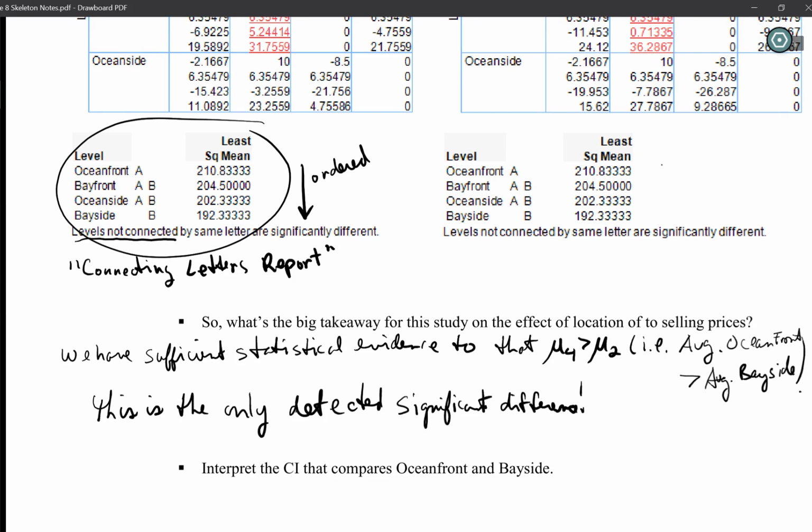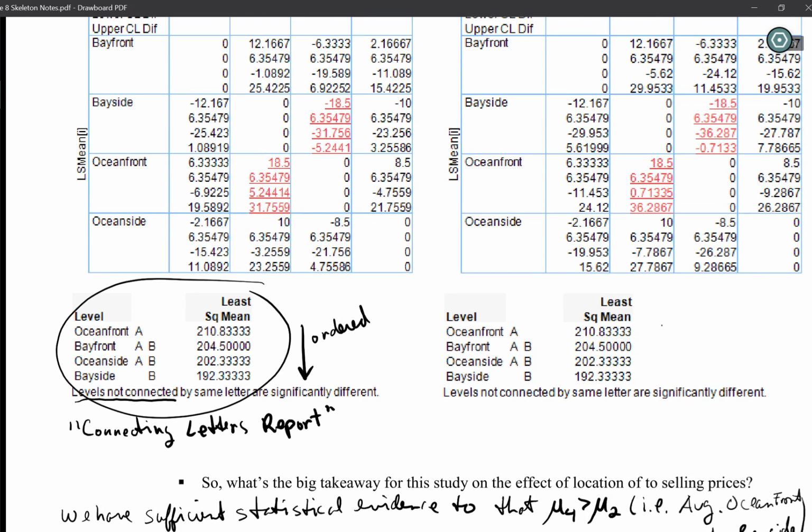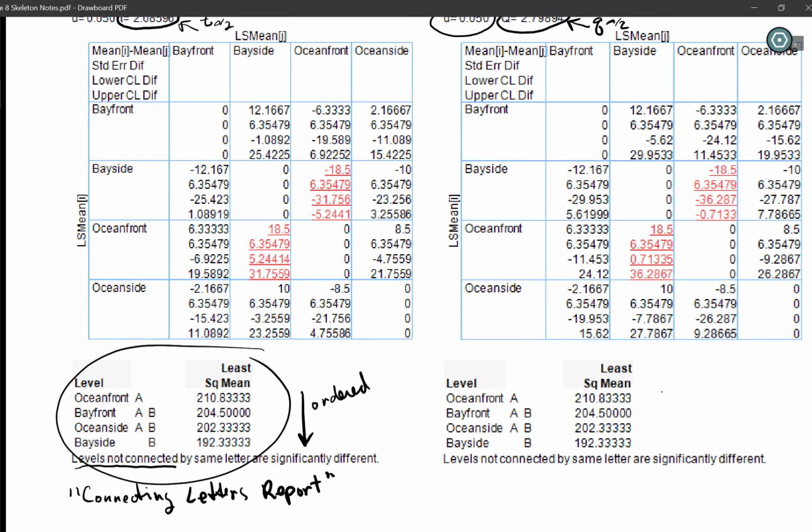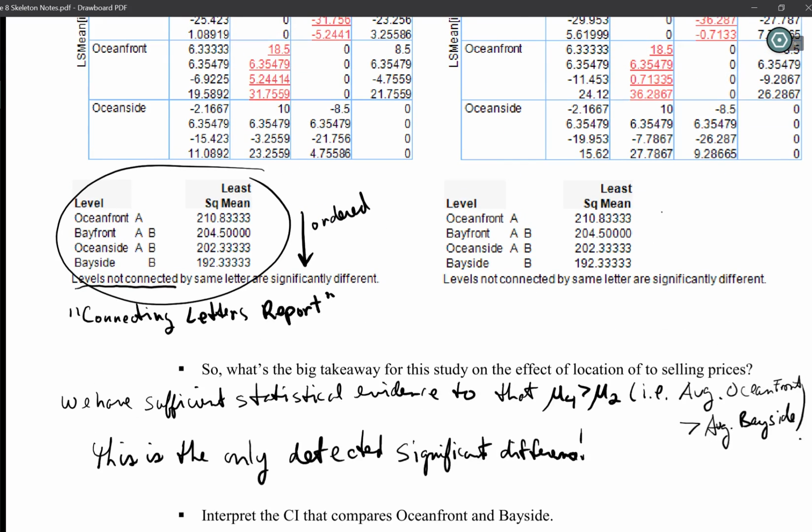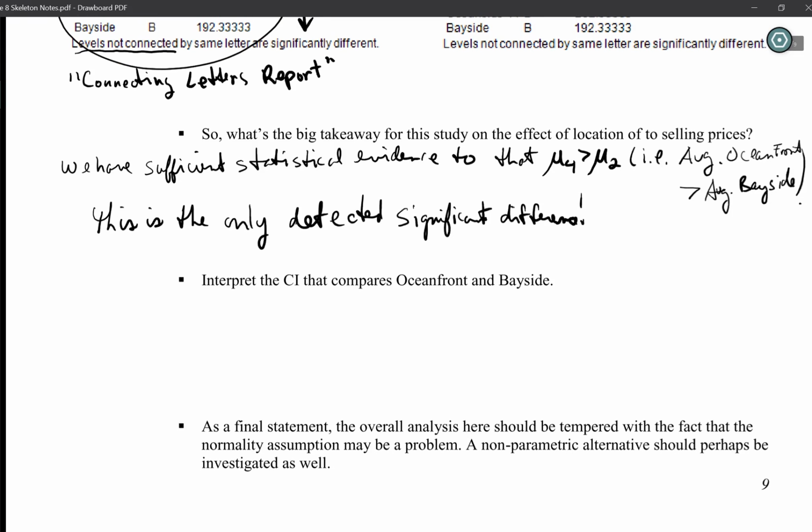What we could do next would be to compare the oceanfront and the bayside means via their confidence interval and interpret that. I'm going to make use of the Tukey confidence interval, which controls the overall confidence level.